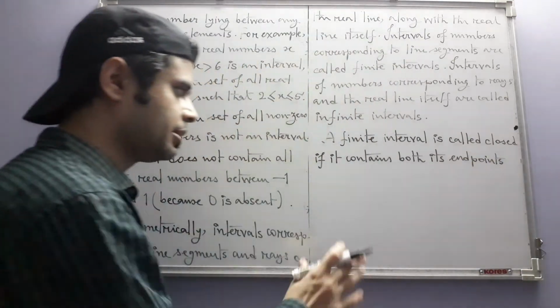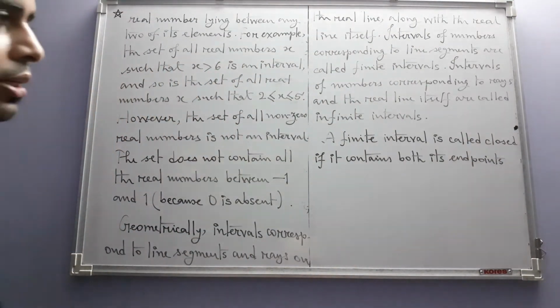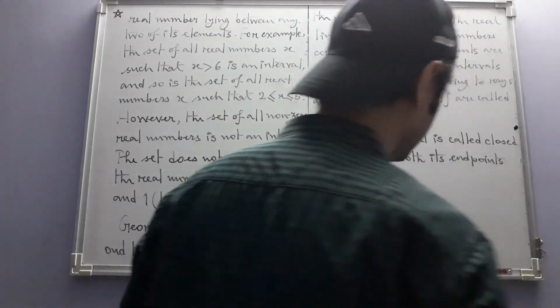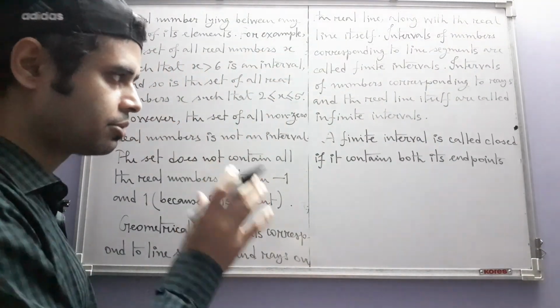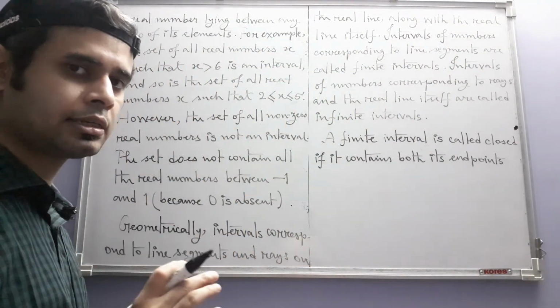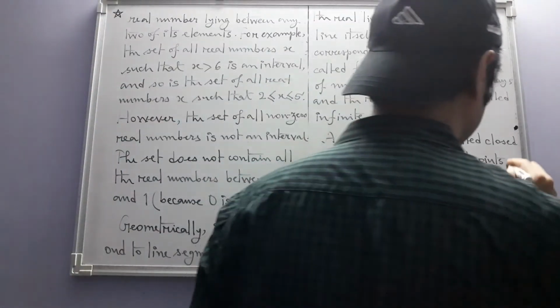Endpoints means points which appear in the boundary. If both of them belong to the set, belong to the interval, then we call such an interval a closed interval.